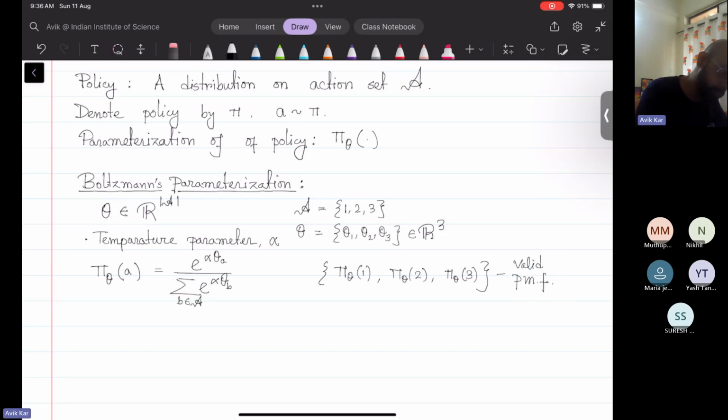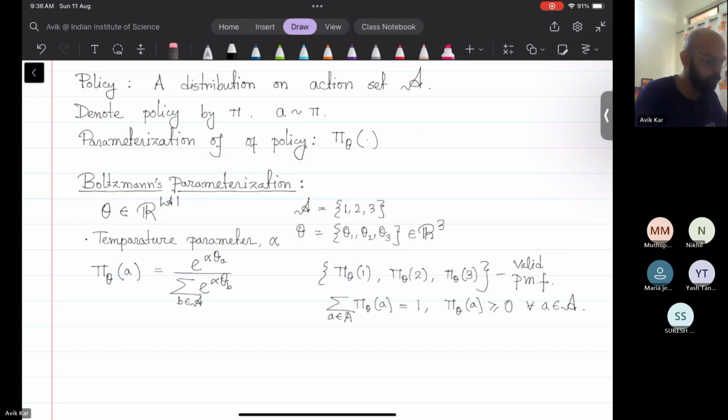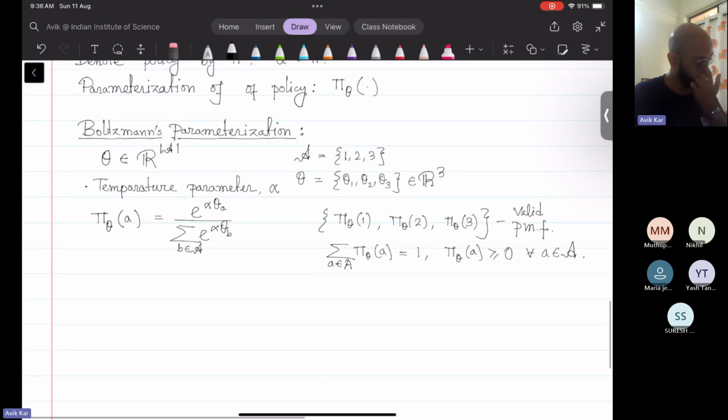Why? Because the sum over a belonging to A of pi theta a equals 1, and all pi theta a are greater than or equal to 0 for all a. So this is a valid parameterization.